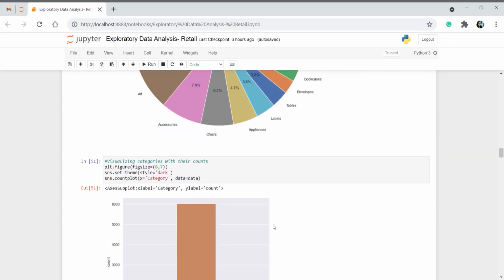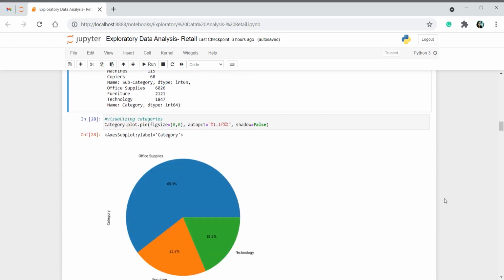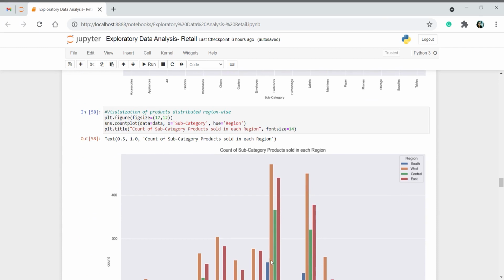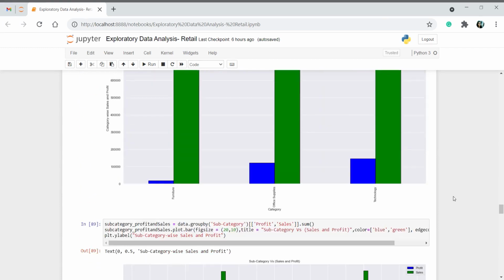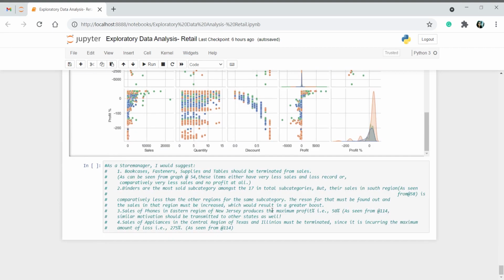And actually, binders is a product with the most number of counts. So, if the store manager could find out the reason why there is a comparatively lower sale of binders in the southern region of the country, then he can figure out a strategy and implement it there too.